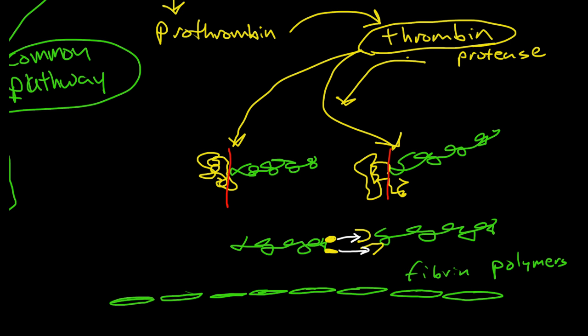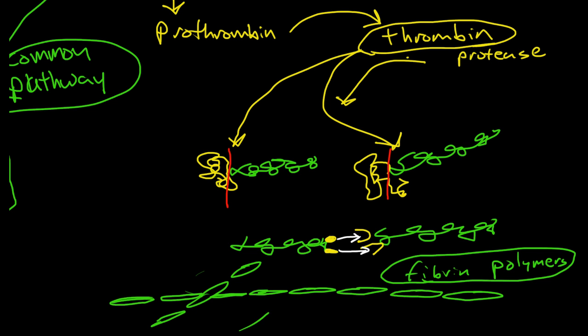And this doesn't finish the situation, so this is fibrin polymerization, but then we end up with lots and lots of fibrin polymers, and the final act in clot formation is activated factor 13, or 13A, binds these together to create this thick weave of fibers.